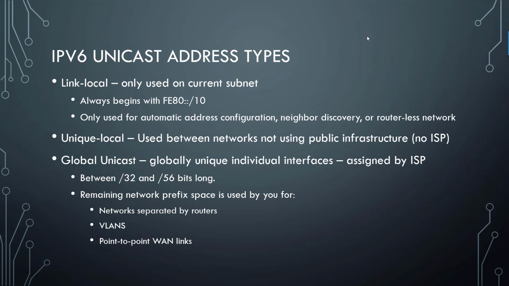And then there's global unicast, and this is the one that we really want, is that your ISP will assign you based on geography generally, between 32 bits and 56 bits long, and then the remaining bits are spaces for you. So you can create your networks by just appending the ISP address, and you can just build your network from there.